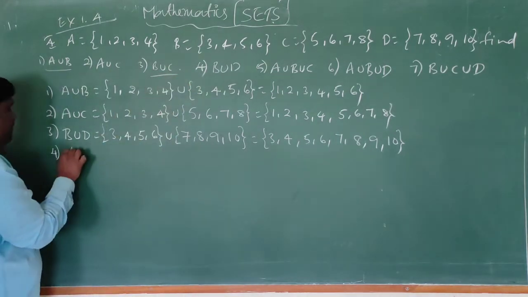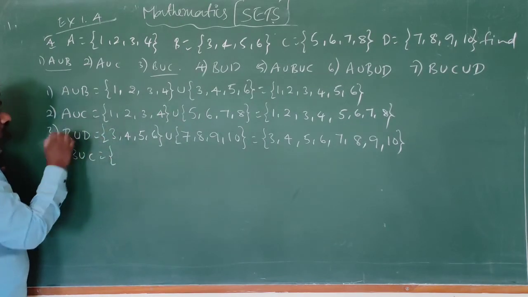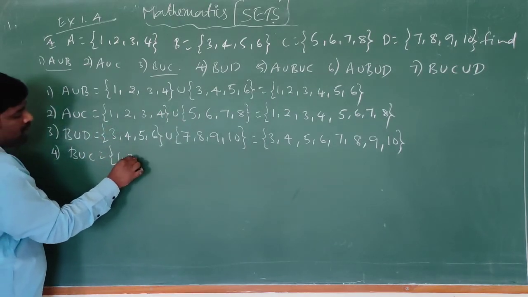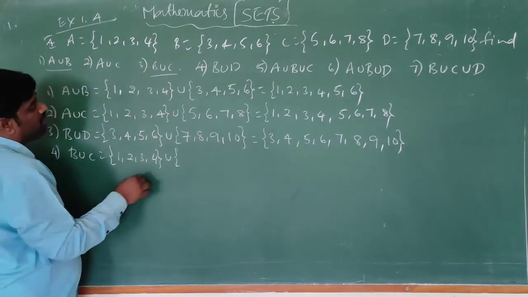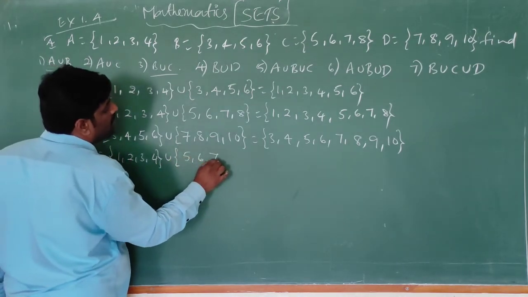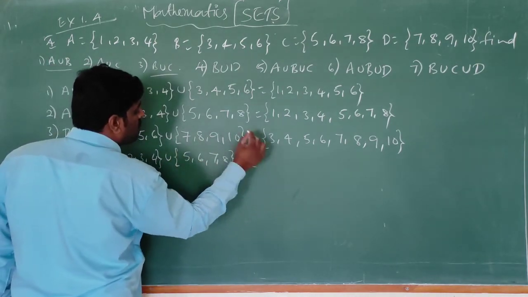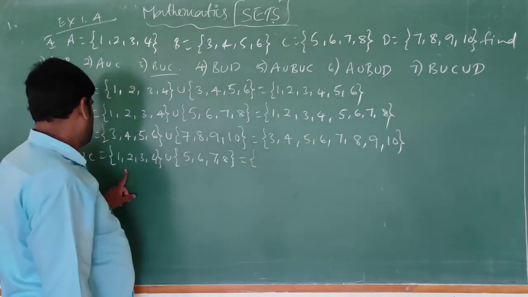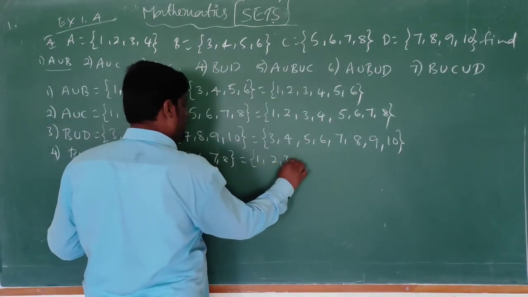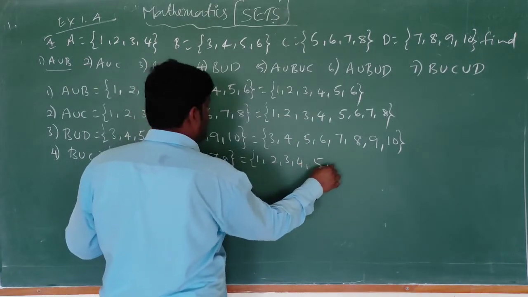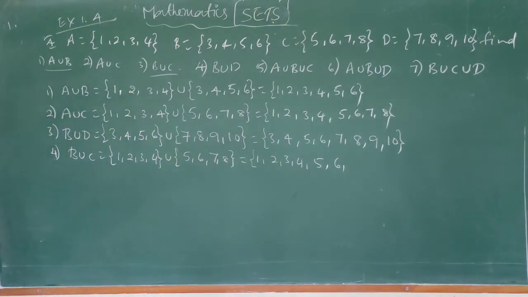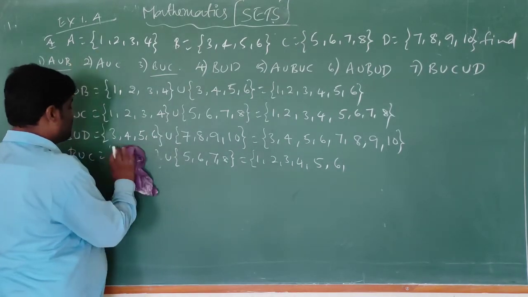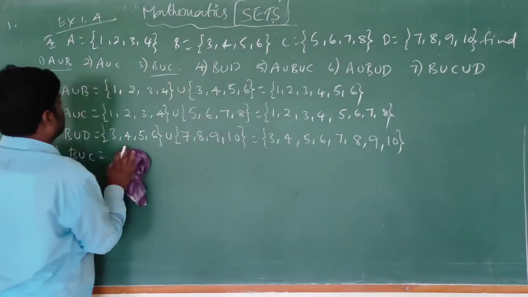Next, fourth question, B union C. B union C is, B is 1, 2, 3, 4, union C is 5, 6, 7, 8. Oh sorry, for B union C, I wrote the A value, sorry.